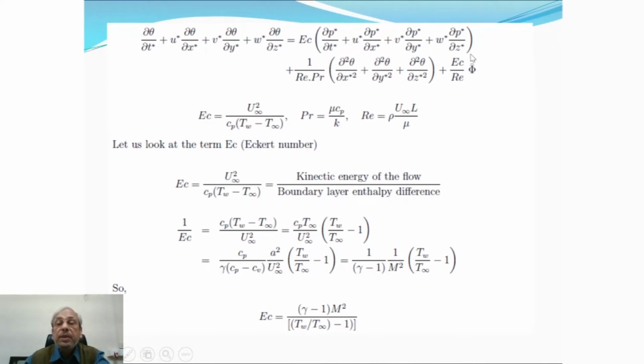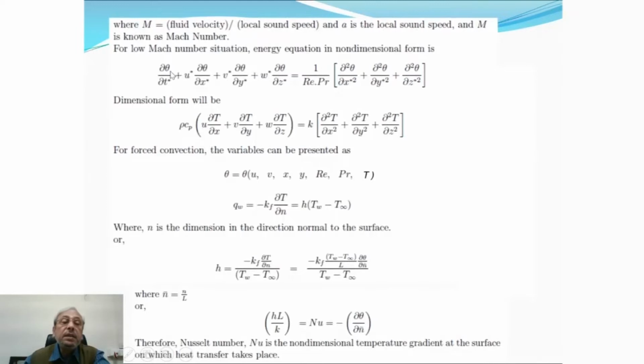Also we can ignore this term. And then we get del theta del T star plus U star del theta del X plus V star del theta del Y plus W star del theta del Z equal to 1 by Reynolds number into Prandtl number, into del 2 theta del X star 2 plus del 2 theta del Y star 2 plus del 2 theta del Z star 2.